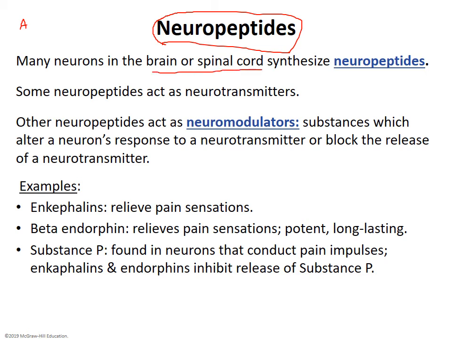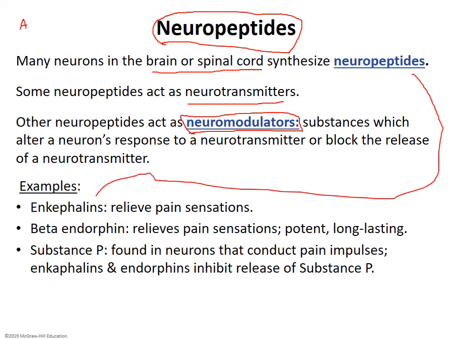And they can act as neurotransmitters, but they also can act as neuromodulators. Now, again, these neuromodulators I'm going to come back to, but neuropeptides, the two most common neuropeptides are enkephalins and this one down here called endorphins.